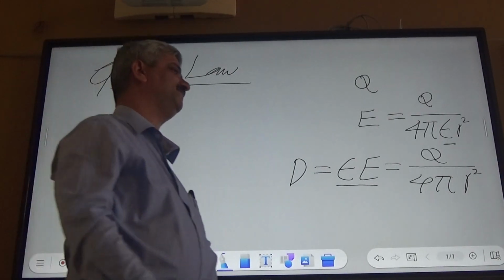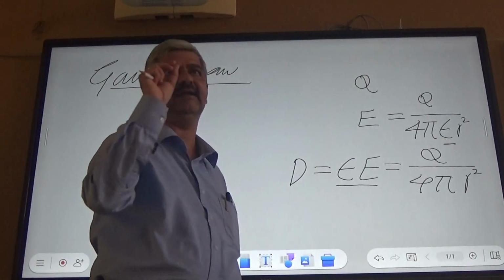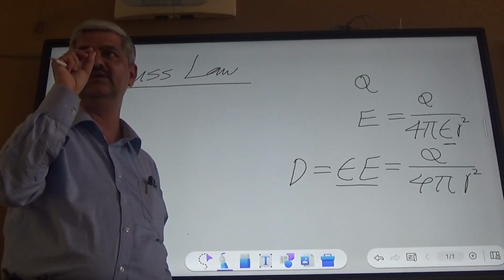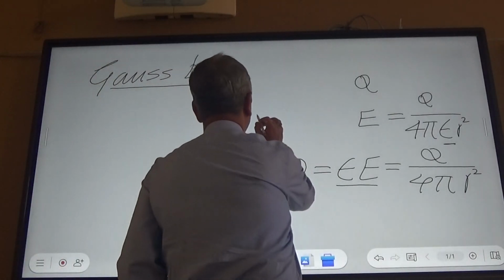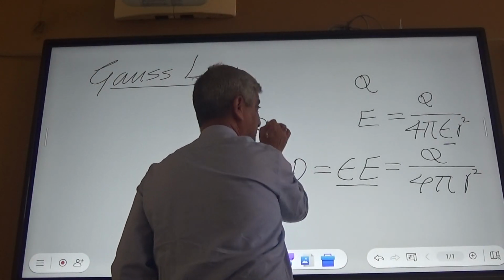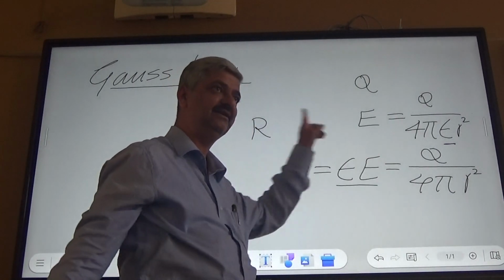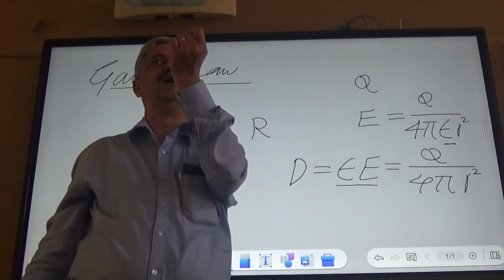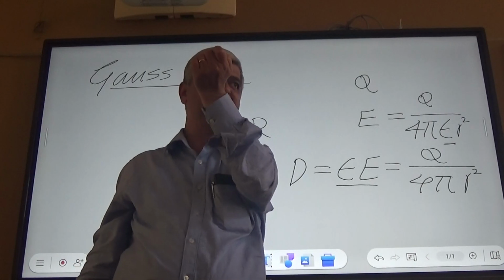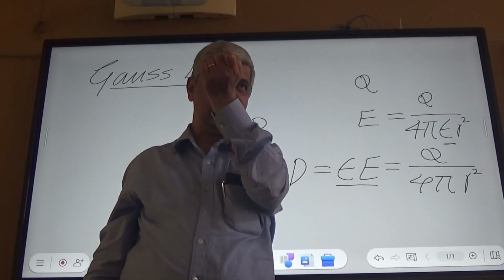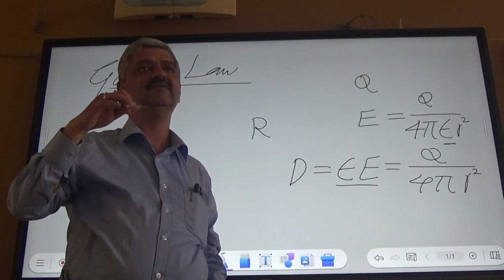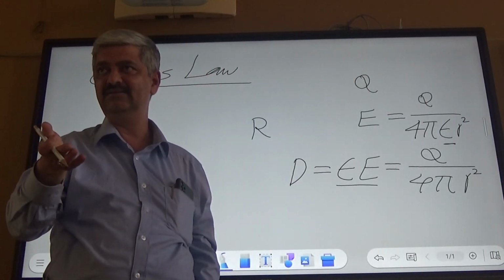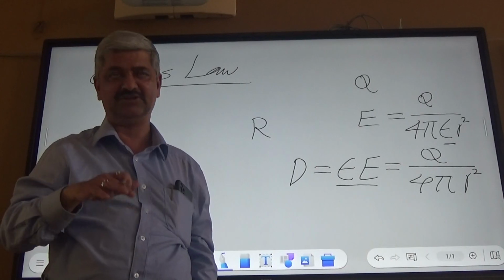Very simple. If a point charge Q is at the center of a sphere of radius r, say I have a charge at the origin and a sphere of radius r. The sphere is symmetrical around the origin, and every point is at distance r.